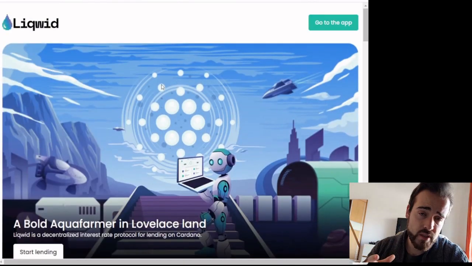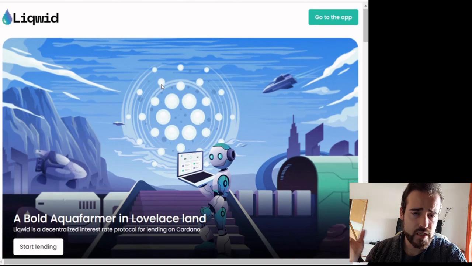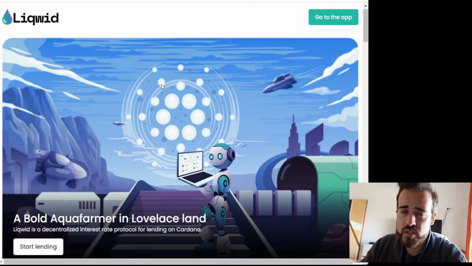I would have liked to have the team on the website, but I do understand that probably as they want to be a decentralized protocol governed by the community, they don't want to have a team there, and they opt to go that way. Although I think it would be good and valuable for everyone coming to the protocol to see who built it and the kind of credentials they have.